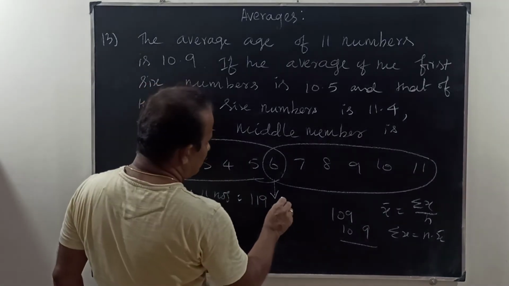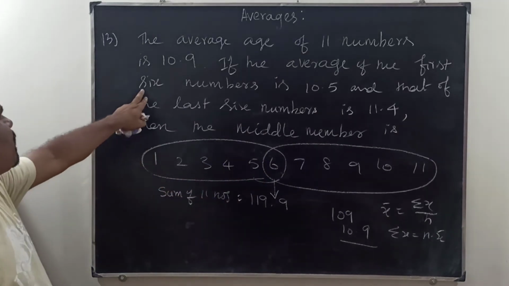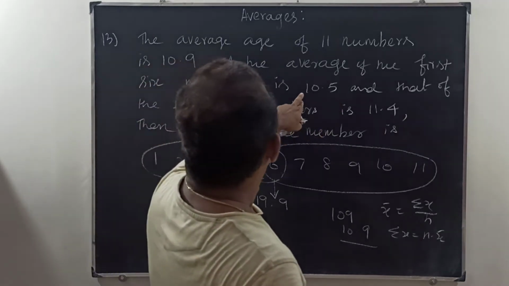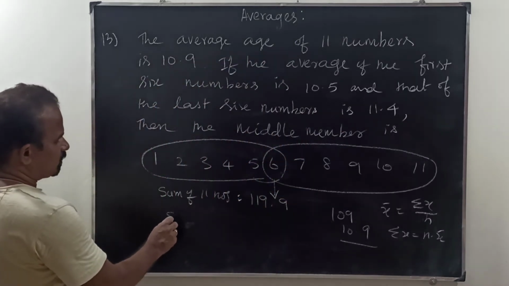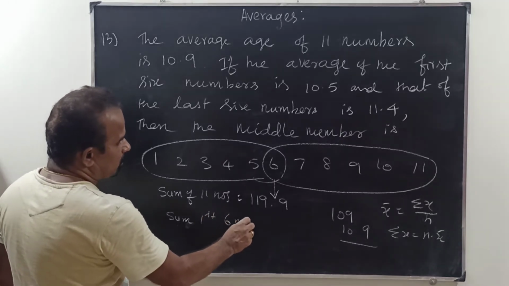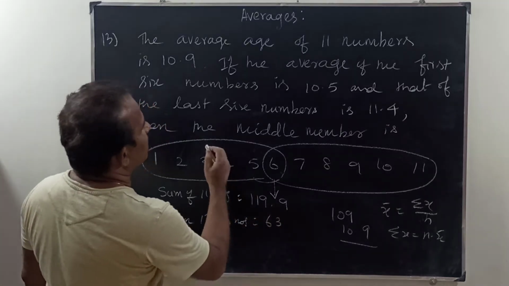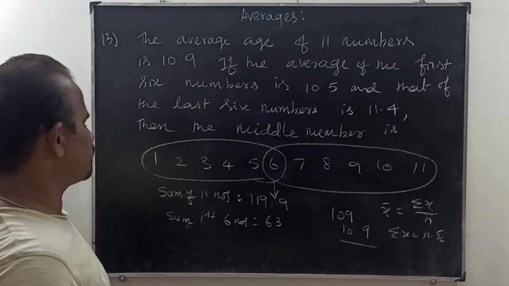The sum of the first 6 numbers is 6 into 10.5, which is 63.